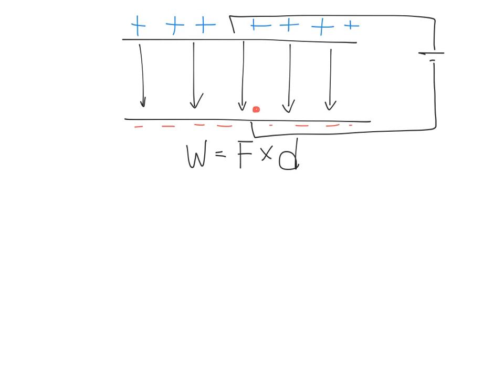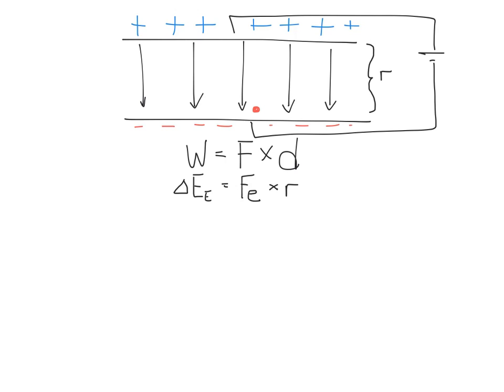But if we look at that in this case, we know that work is change in energy, and so this change in energy is going to be a delta EE for electric potential energy, and this is going to be equal to the electrostatic force times the separation between these two plates. And it just so happens that we call that separation between these two plates R. So I know that seems to be a little bit confusing. It's not really that big a deal. But this is how we're going to work with particles moving between the plates, okay?